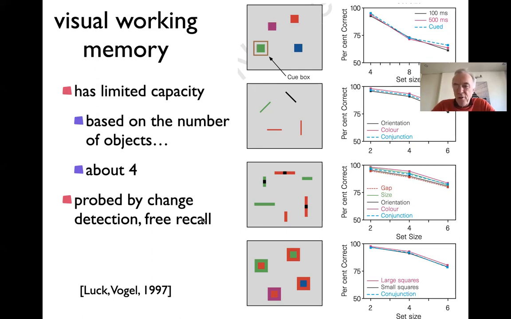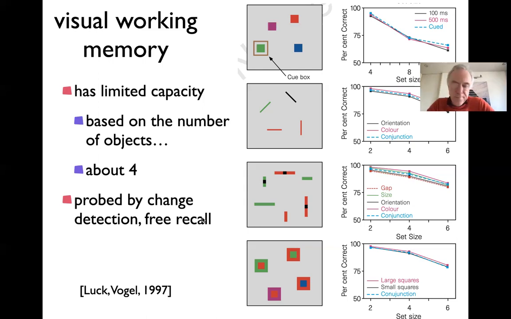And now the magic number is more likely to be 4 than 7. There's a slight difference between phonological memory, so speech or sounds of speech, versus visual working memory, but those can be understood. And overall, the idea is it's a small number. It's probably 4, maybe 5, something around that.